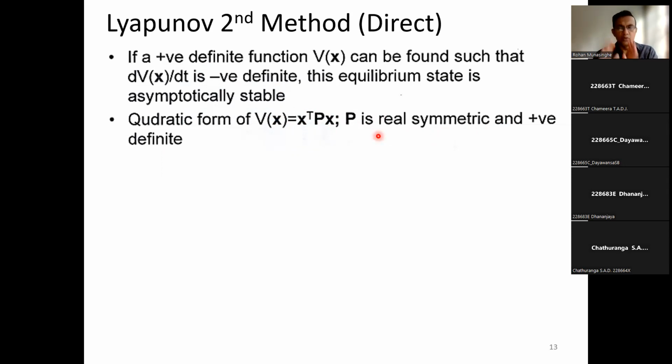You have to find the eigenvalues of the matrix, and if they are all positive, it is a positive definite matrix. So the P here is a positive definite matrix, and you put it in the middle of x transpose and x, and this is a scalar function, right? That is the most common energy function that we use in not only Lyapunov, but all of the other optimal control derivations. This is very common. Quadratic form, the square form, right?